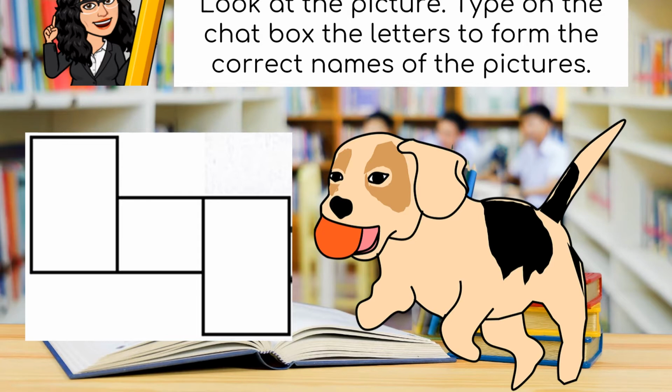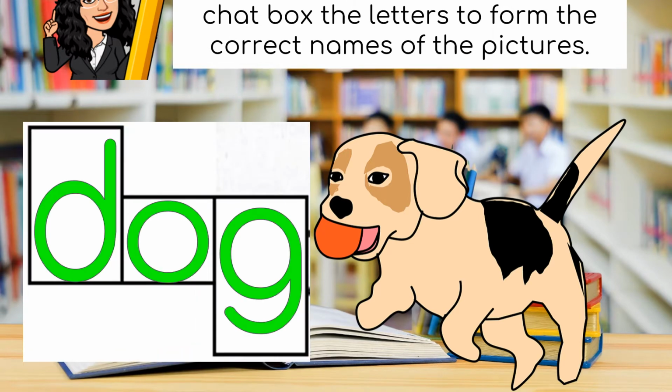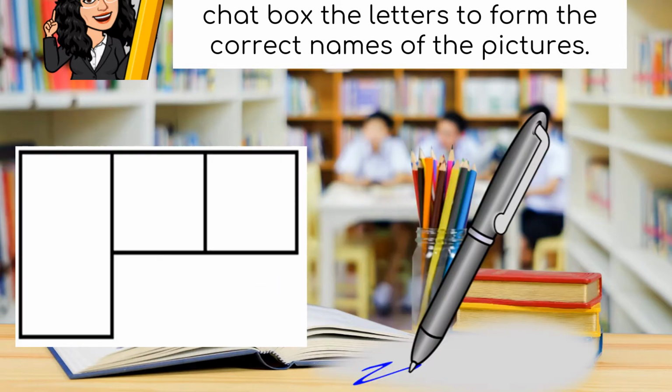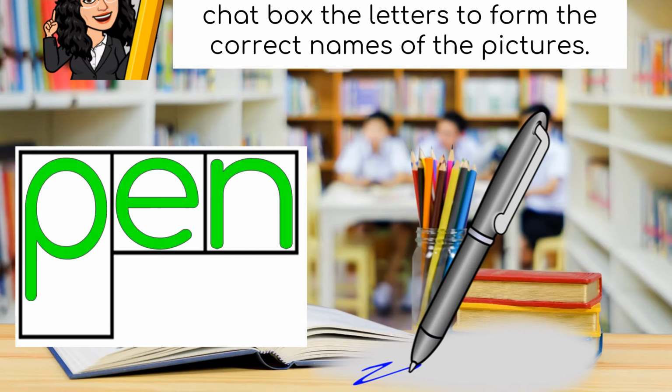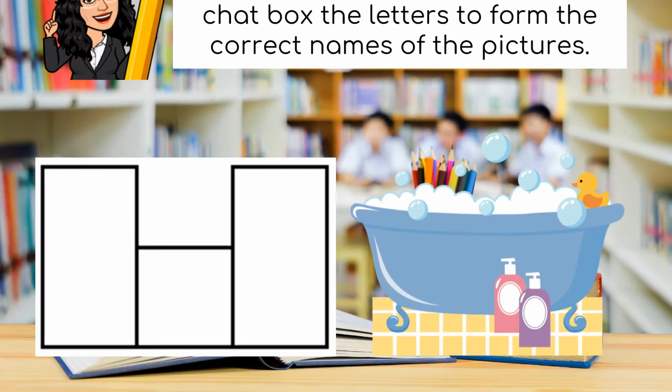For this example, what is the name of this picture? Dog. D-O-G. Dog. How will you write the correct name of this picture? P-E-N. Pen. What are the correct letters of the name in this picture?